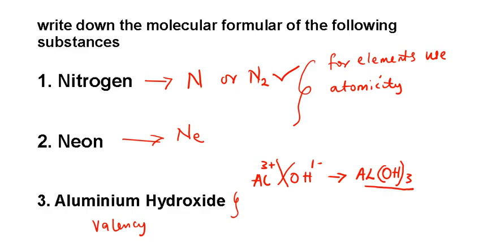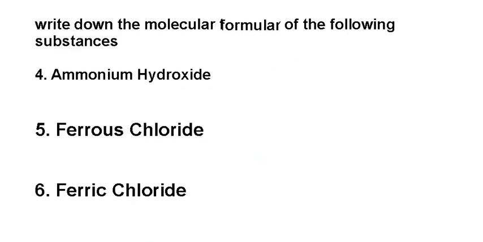All right, let's go ahead. Write down the molecular formula of the following substance: ammonium hydroxide. It's made up of ammonium, which is NH4, and hydroxide.